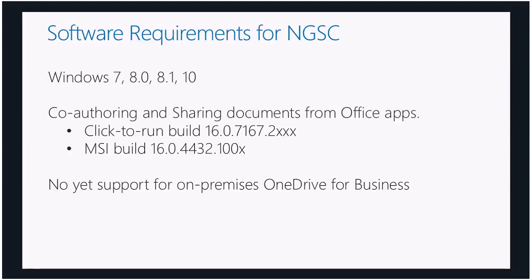Also, if you want the co-authoring and sharing capabilities within the Office apps, for example, if you open a document in your client and you want to share it directly from the client side, and never go into SharePoint Online to click the link, these features have to be brought in with the Office apps.